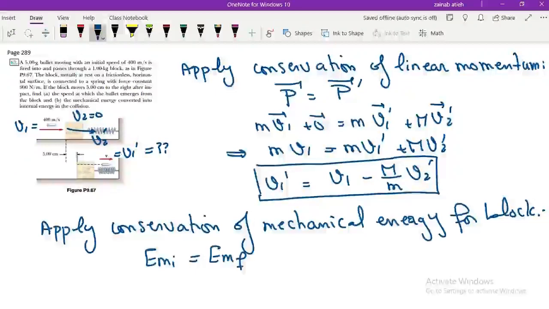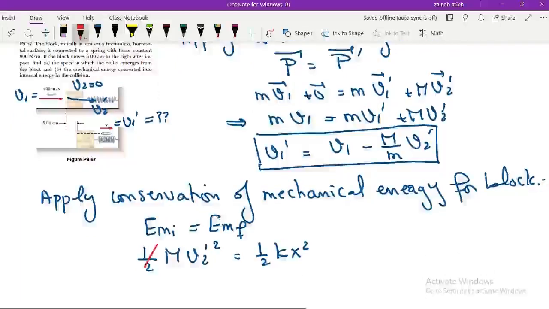At the start it only had kinetic energy, half big M, the mass of the block, V2 prime squared, which equals half kx squared at maximum compression.